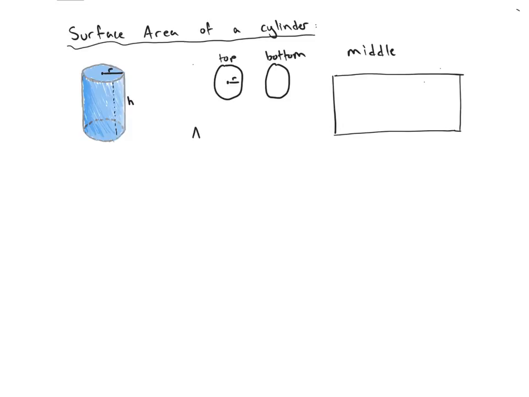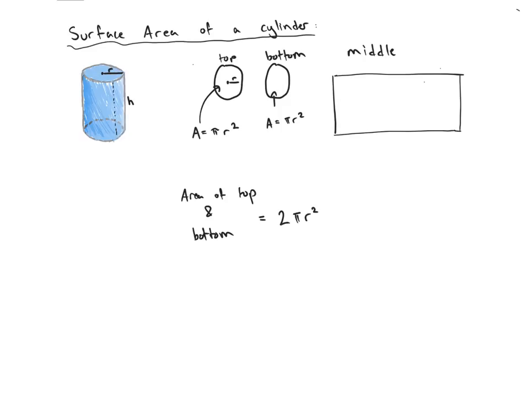So the area of the top is just pi r squared, and the area for the bottom is also pi r squared. So the area for the top and bottom is 2 pi r squared. We're just adding this one to that one.